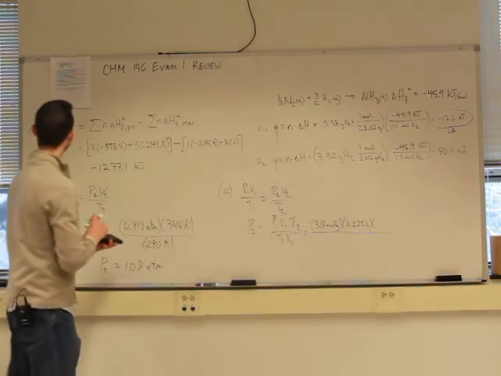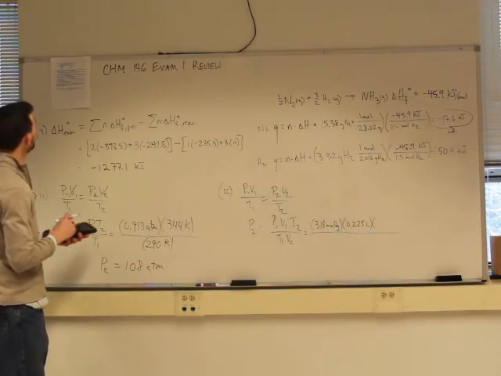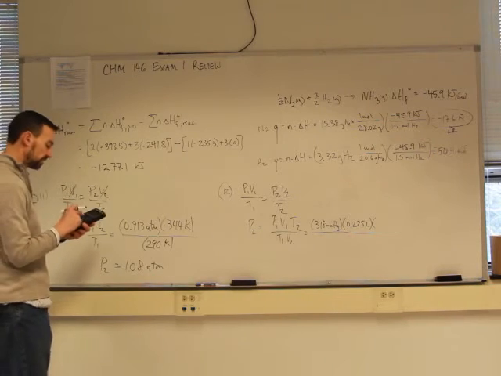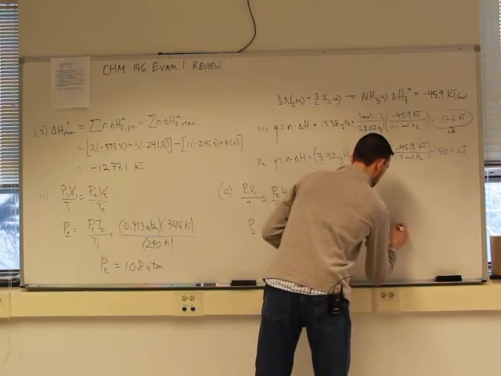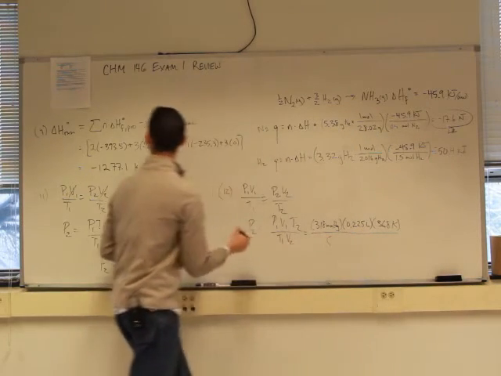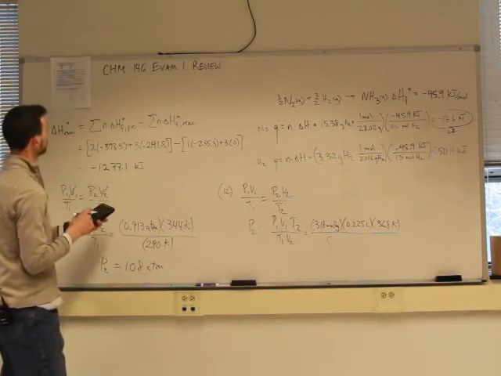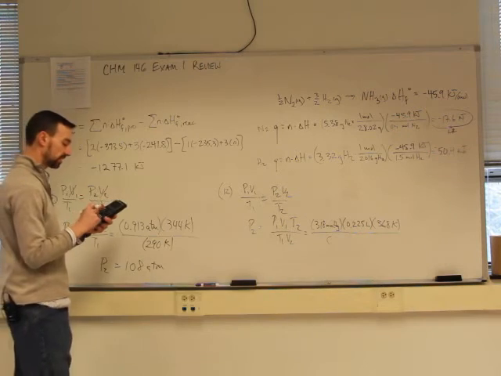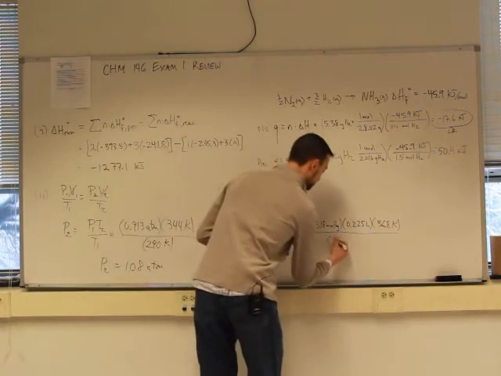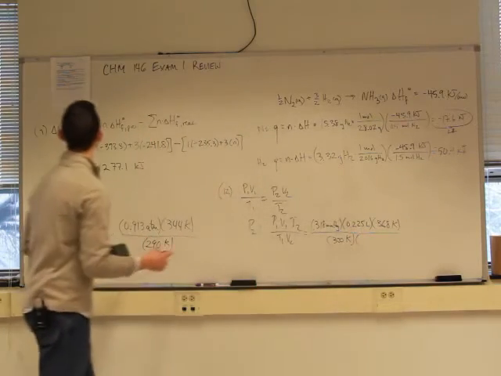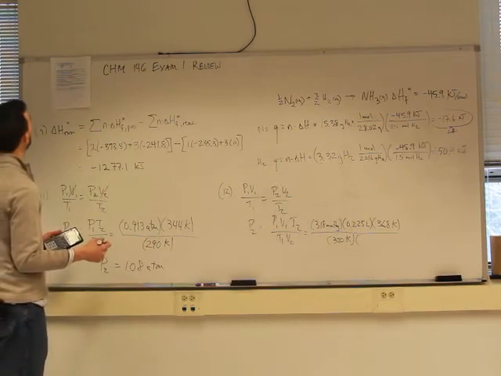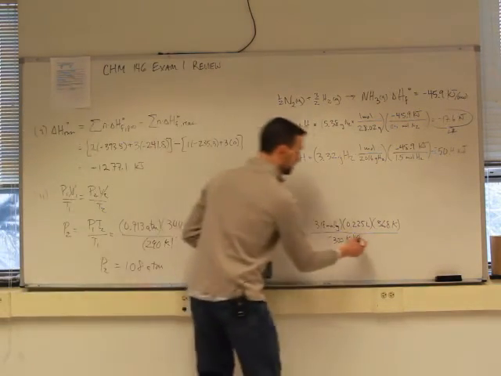Our new temperature, our second temperature, 95 degrees Celsius. So that's 368 Kelvin. Our original temperature for this gas was 27 degrees Celsius, so 300 Kelvin. And our new volume is 0.5 liters.